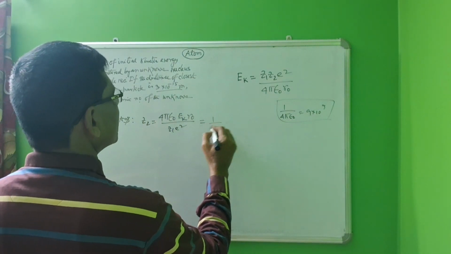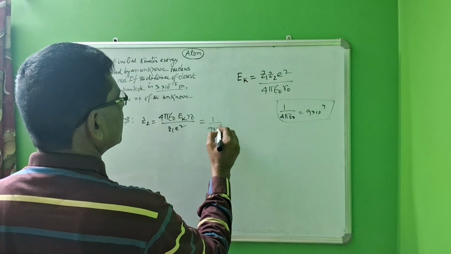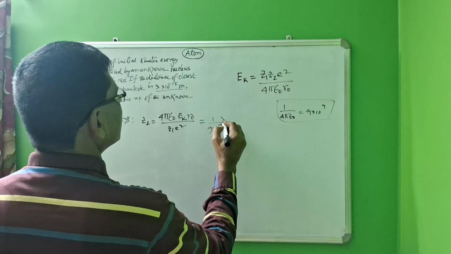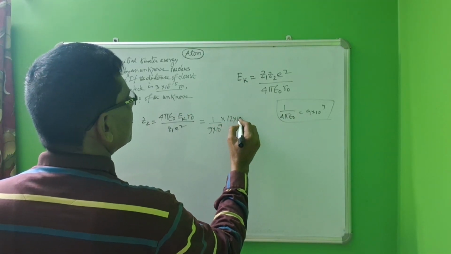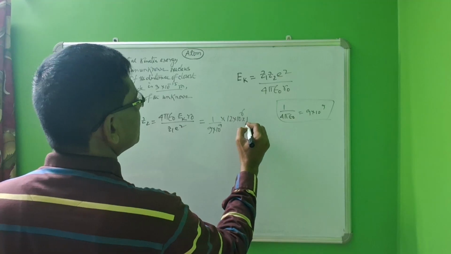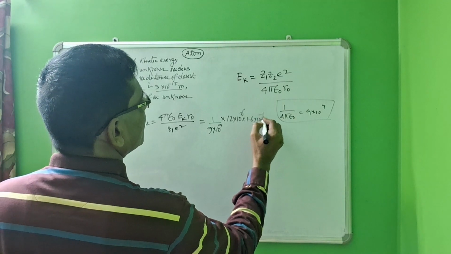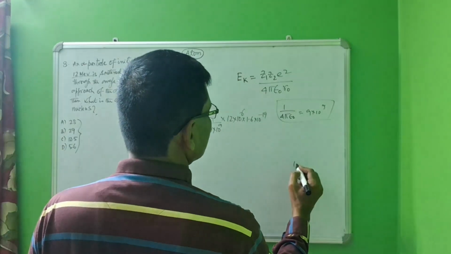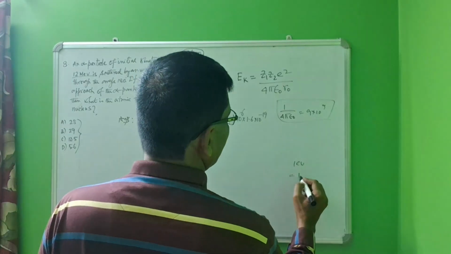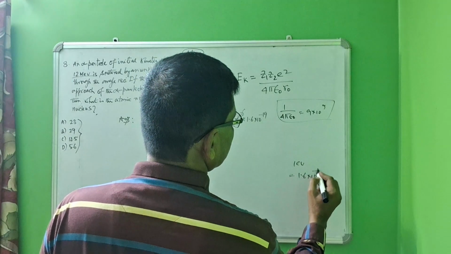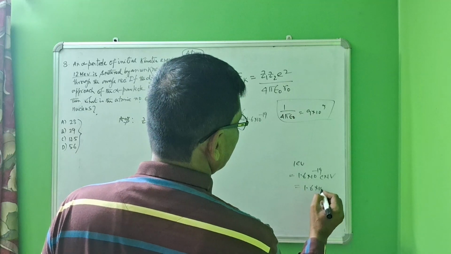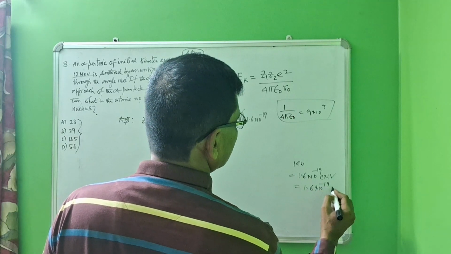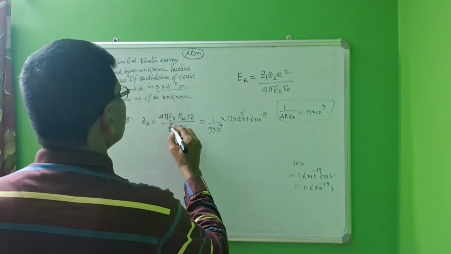So this will be 1 by 9 into 10 to the power 9 into EK, given as 12 into 10 to the power 6 eV, and that eV equals 1.6 into 10 to the power minus 19 joule, because 1 eV equals 1.6 into 10 to the power minus 19 coulomb into 1 volt, which equals 1.6 into 10 to the power minus 19 joule.